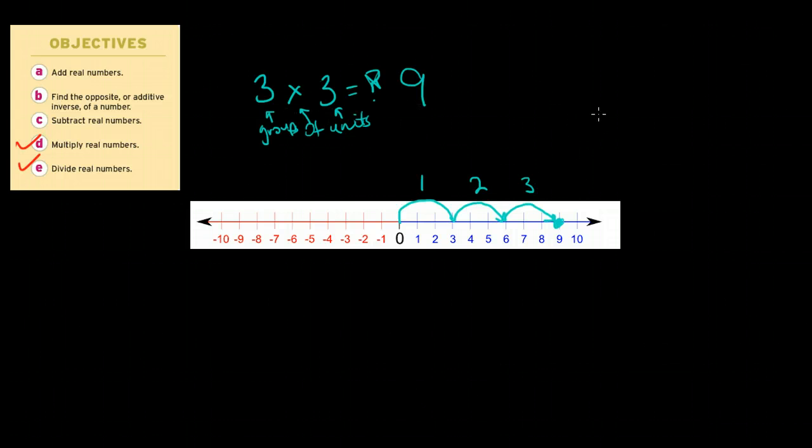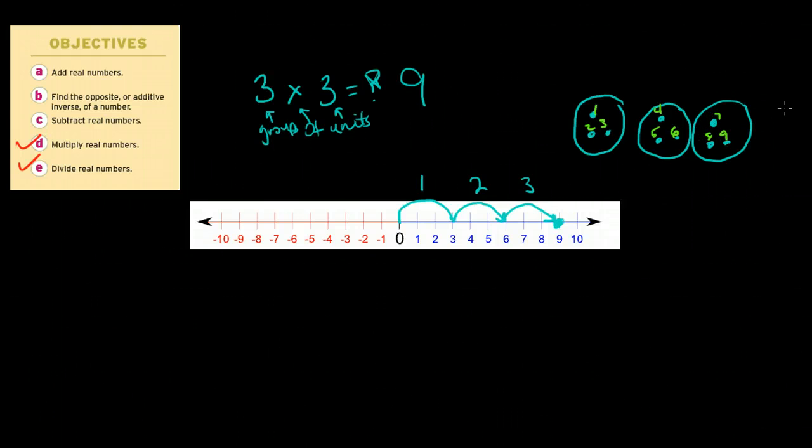Another way of looking at that is if I have a group that has 3 objects in it, and I have 3 of those groups, then essentially I have 1, 2, 3, 4, 5, 6, 7, 8, 9 objects.